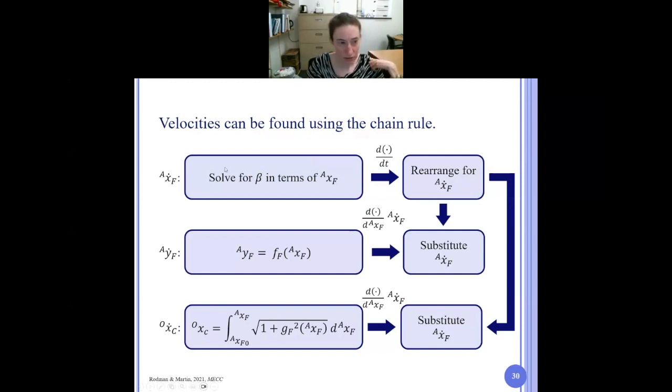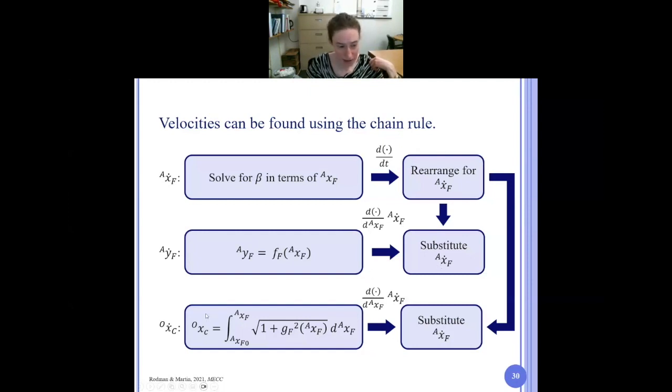So in order to find the velocity of the x position, this xf in the ankle frame, we can solve for beta in terms of xf, take the time derivative, and rearrange and solve for the velocity. In order to figure out this y velocity, again, we can use our foot shape function, differentiate it using the chain rule, and substitute in this x velocity.